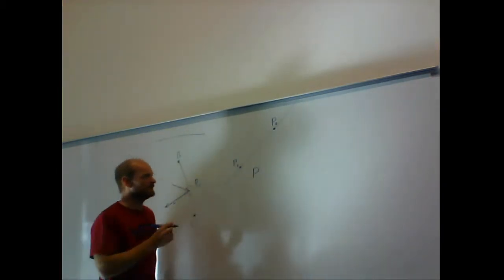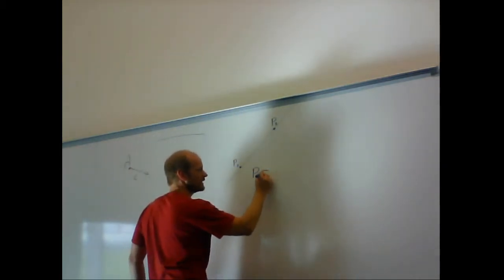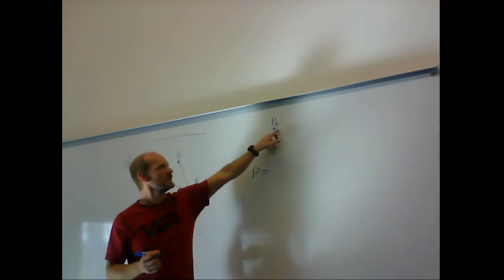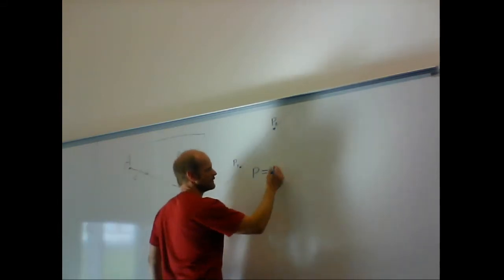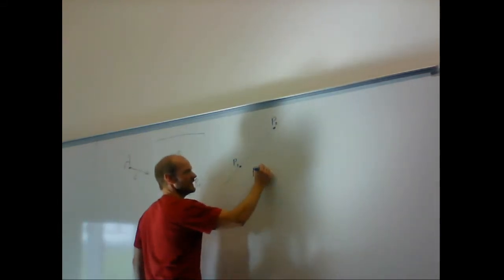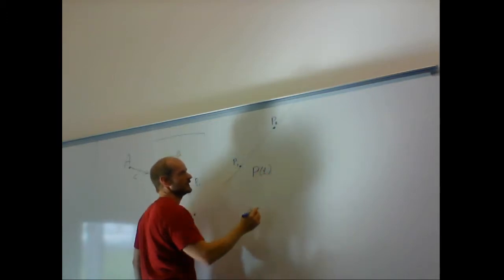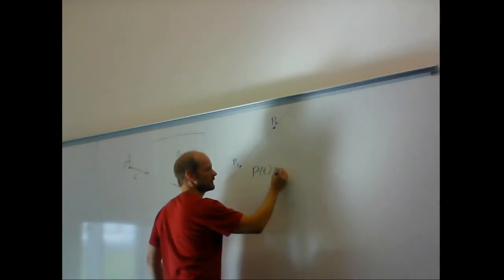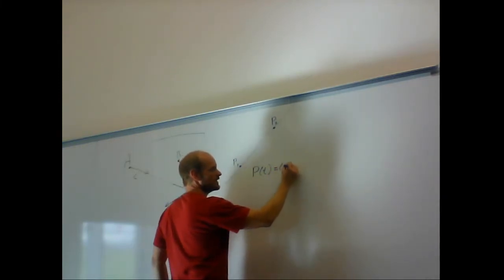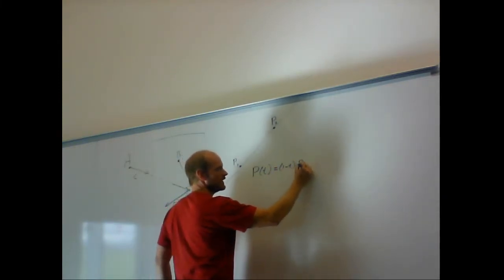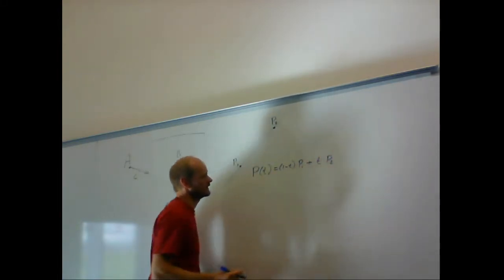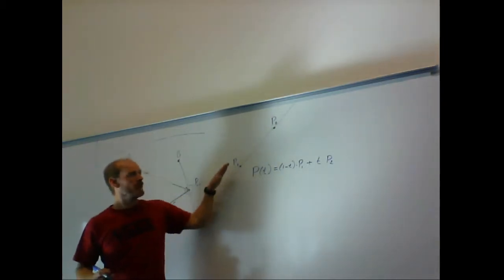Any point P that we can represent as some kind of weighted average of these two, where I'm going to say I have some, let's say P as a function of T equals 1 minus T times P1 plus T times P2. This point will be on this line.